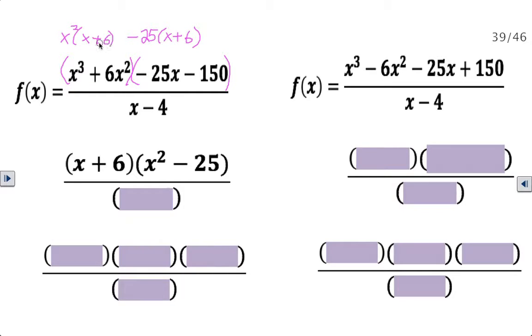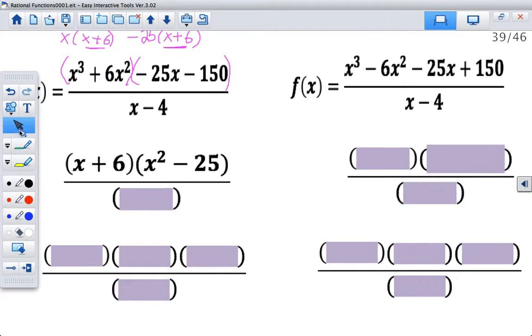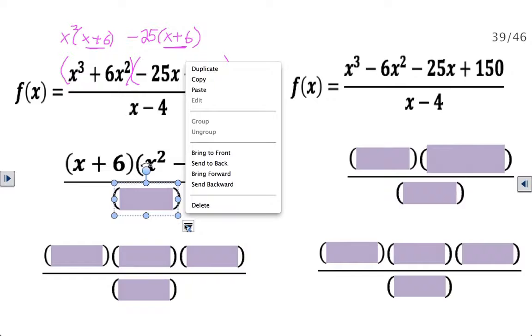Okay. Notice that this factor is equal to this factor. So now, on both of these terms, I can factor out an x plus 6, and I'm left with the factors x plus 6 times x squared minus 25. Okay. I just did x squared and then the minus 25 here. Now in your denominator, you're just stuck with x minus 4.